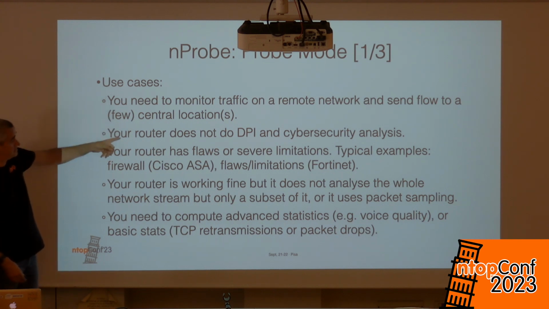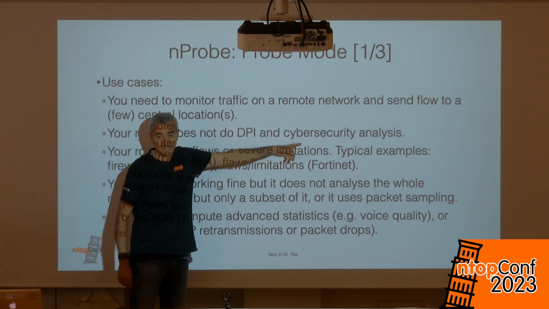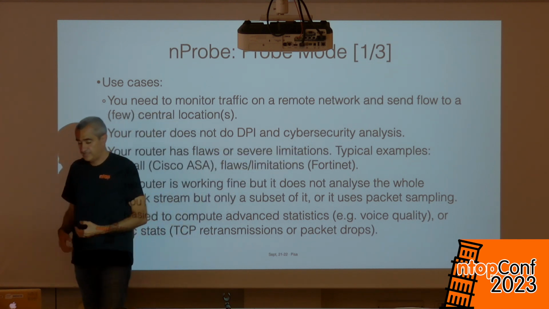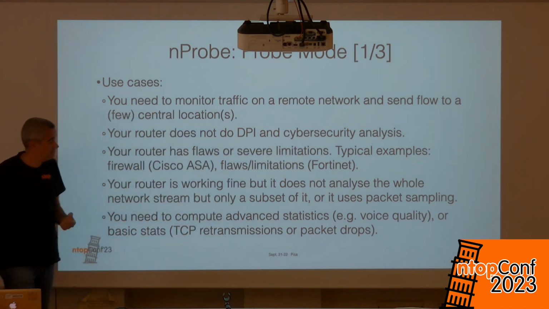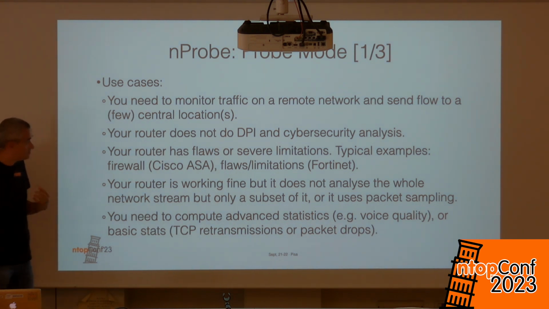And another use case is you don't have DPI, or you want to do cybersecurity analysis. This is very important because today, as I said, deep packet inspection is very important, not because we believe in that, but because it gives you visibility on your traffic. Because many protocols today are very general.